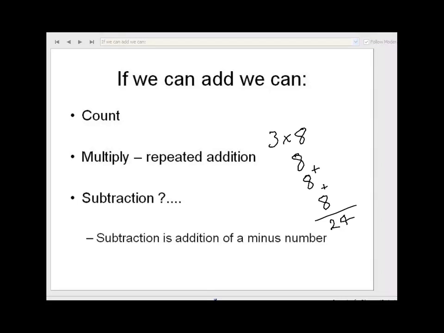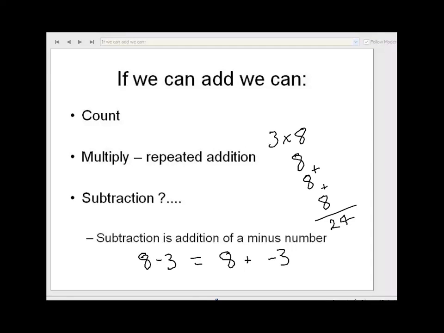Well, in actual fact, we can subtract, but only if we can write numbers down as a negative number. To do subtraction, if you want to do 8 minus 3, that's actually 8 plus negative 3.